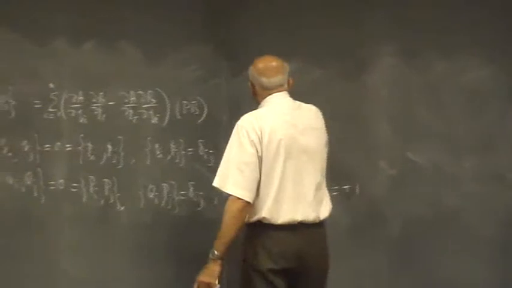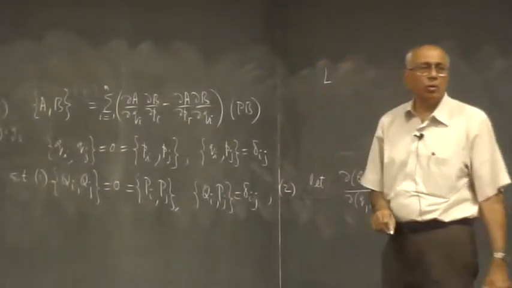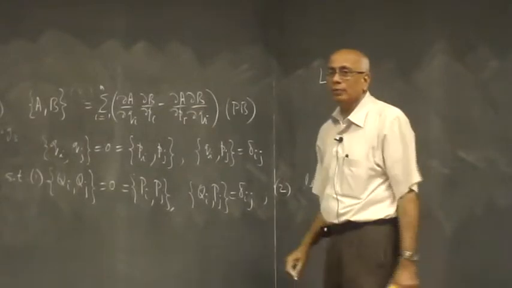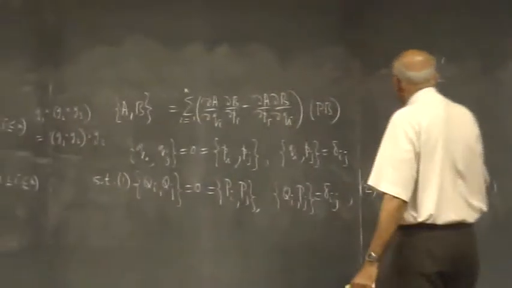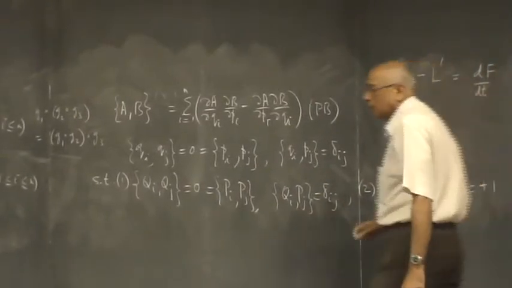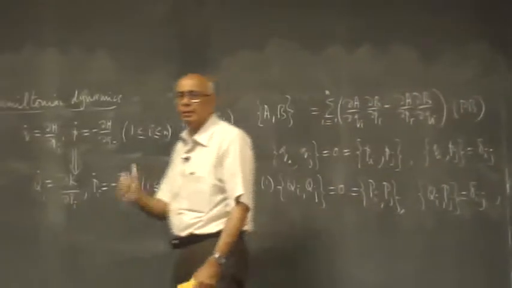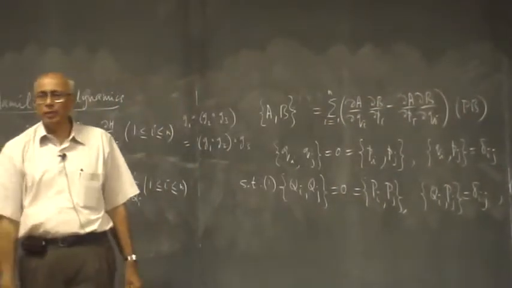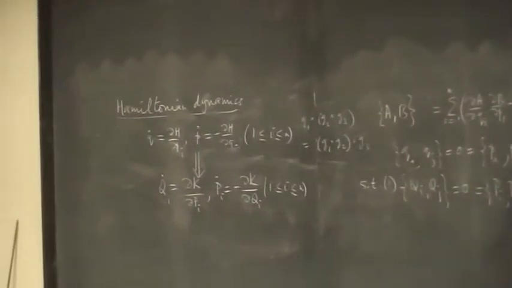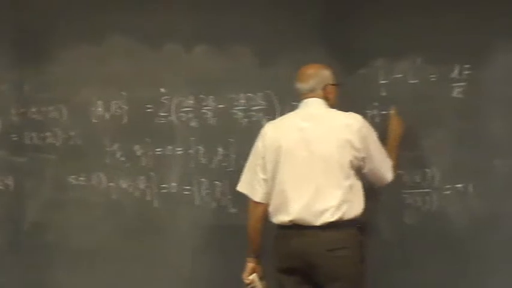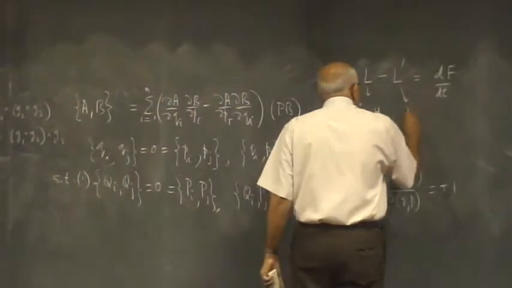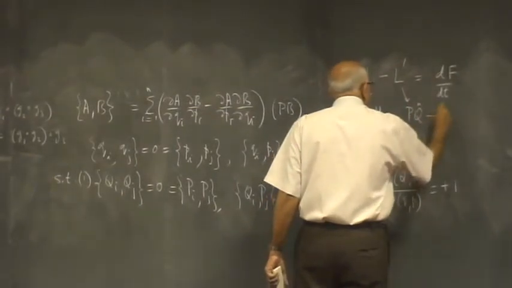So this implies that if you had an L of the Q's and Q dots, and in the new variables it's L prime of Q's and Q dots, then the difference between these two fellows must be equal to the total time derivative of some function of the coordinates and time maybe. Total time derivative. But now going back, what is this L? It's equal to PQ dot minus H. And what's this L prime? It's PQ dot minus K.